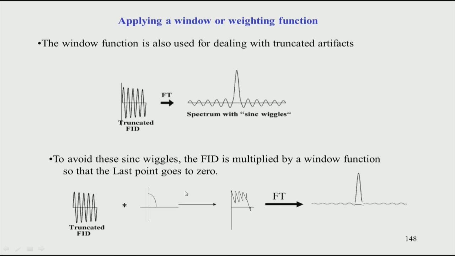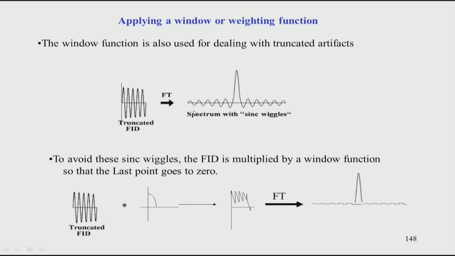So, the next step is to Fourier transform the spectrum after applying the apodization, and you get a peak. This slide basically talks about what is called truncated FID. What it means is that suppose you have an FID which you do not complete. Remember, we mentioned in the beginning of this class that the acquisition time has to be 3 times the T2, but that does not always happen.